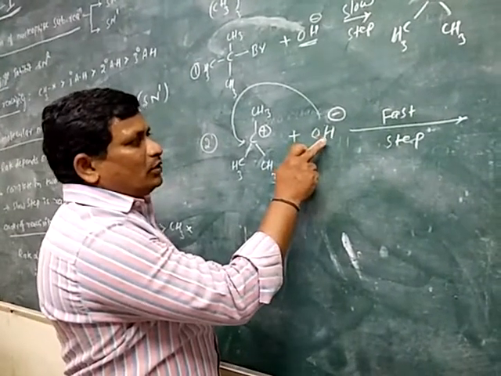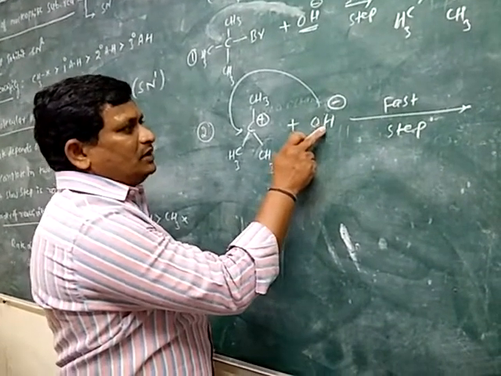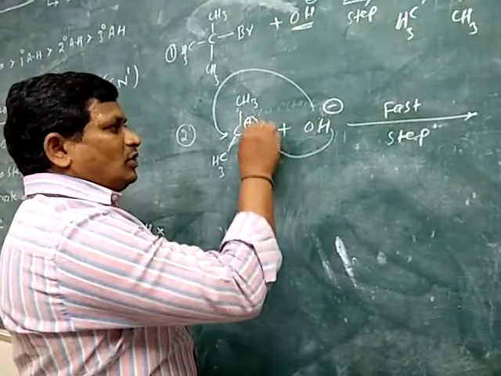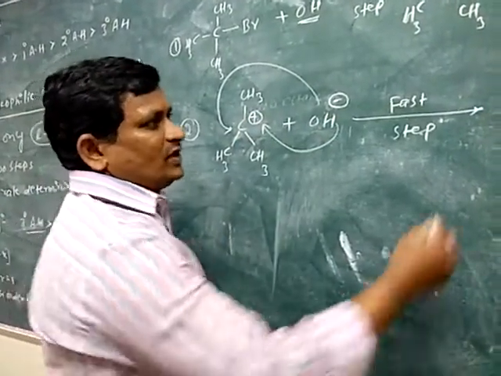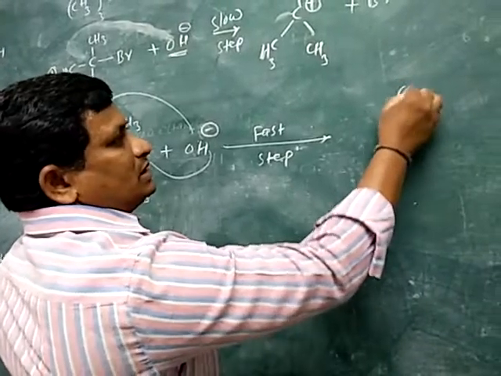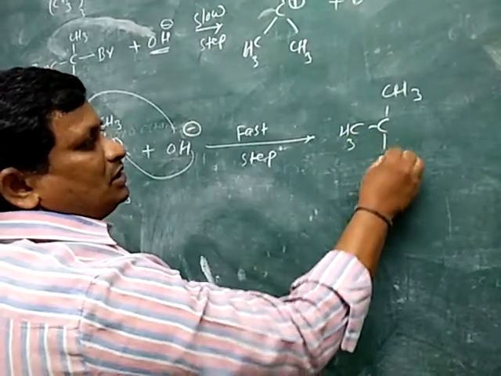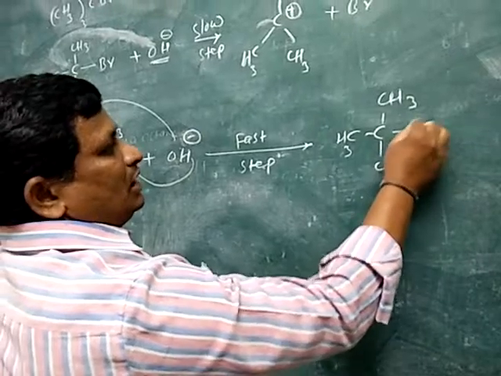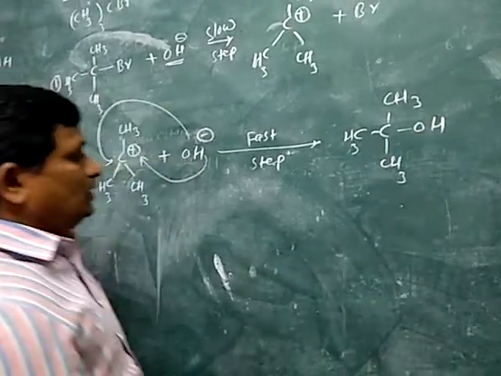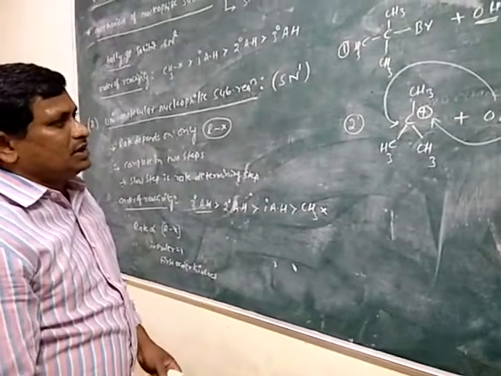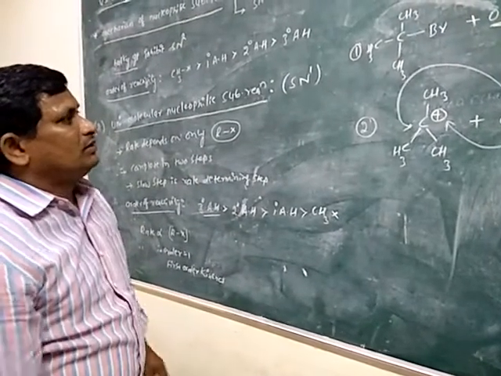A covalent bond is formed between the nucleophile and the carbocation, from the positive and negative charges. So the obtained compound is (CH3)3C-OH. This is the unimolecular nucleophilic substitution reaction.